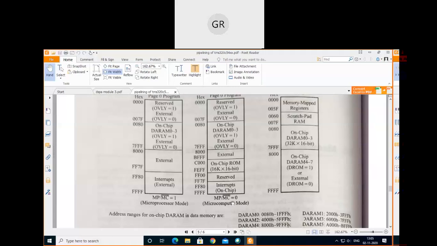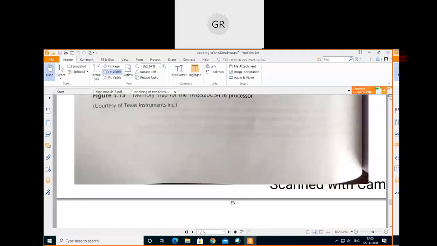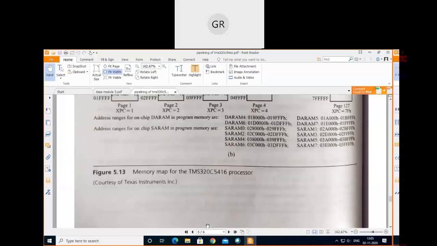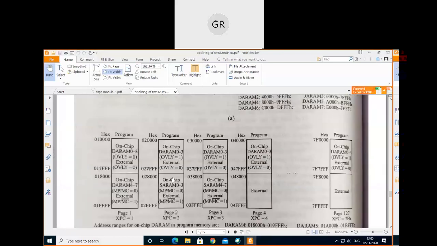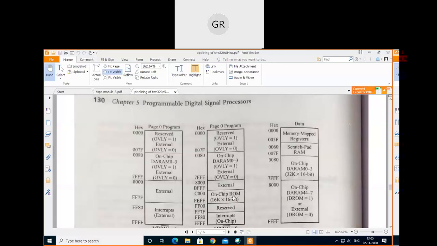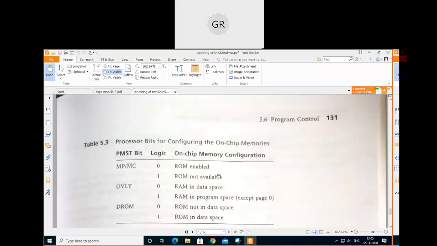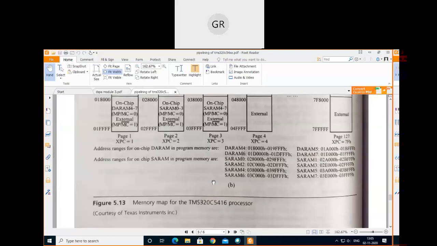And also refer to this: if it is 0, ROM is enabled, which means on-chip ROM is enabled here. ROM is present. Here there is no ROM, ROM is disabled. See here, when MP/MC bar is 1, ROM is not available.